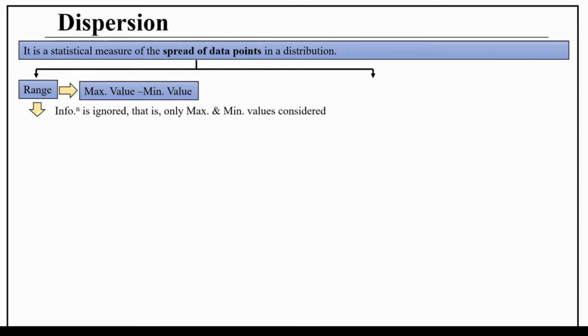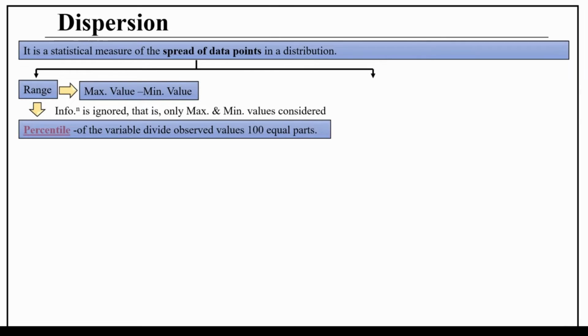So instead of using range, we can use interquartile range. To understand interquartile range, first we need to understand percentile, decile and quartile. Percentile. Just like the median is the middle value of a distribution and divides the data set into 2 equal parts, that is bottom 50% and top 50%, similarly percentile of the variable divides the observed values into 100 equal parts.